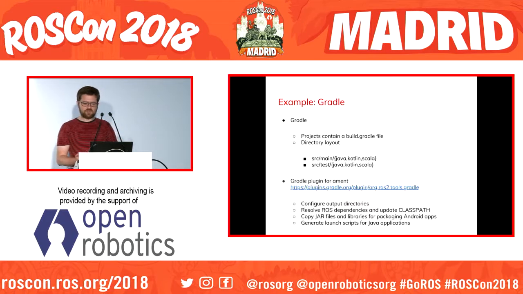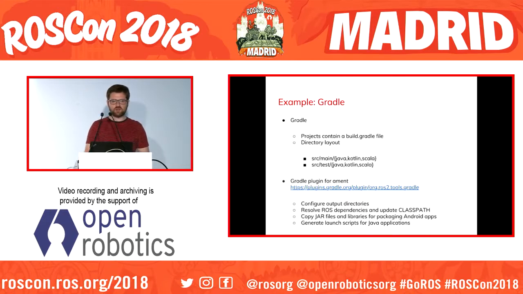So, for example, Gradle, which is a build system for Java. Gradle projects follow a fairly simple convention. They have a build.gradle file on top that describes the build. You have a directory layout where you have to put your code for Gradle to find it. However, integrating ROS Gradle projects into Ament and Catkin requires more logic.